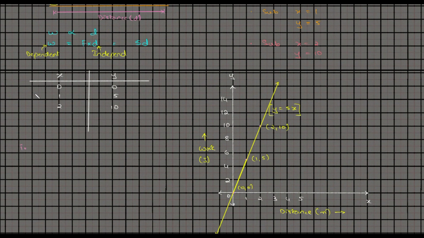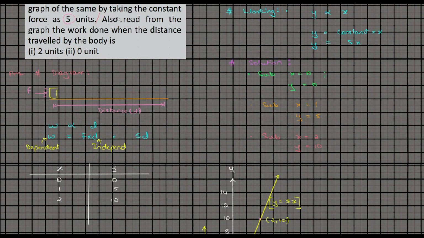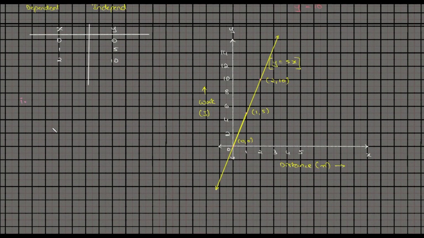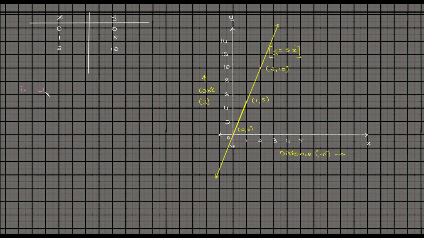So let me make that very clear. Read the question again. Also read from the graph work done when the distance traveled by the body is. So when distance is 2 units, work we already know from the calculation is 10 units.